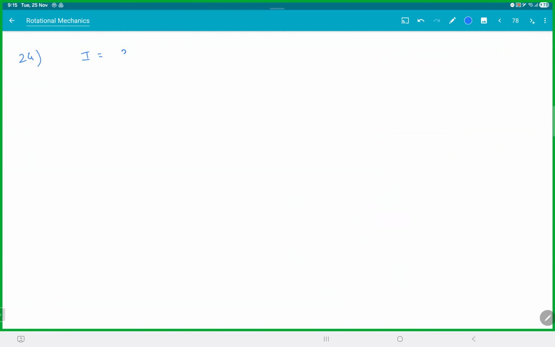Let's say the moment of inertia is given by 3x square minus 2x plus 7. So this I is the moment of inertia as a function of x. Maybe x might be an x coordinate. There is no other information. What is the mass, the body? Nothing is given.